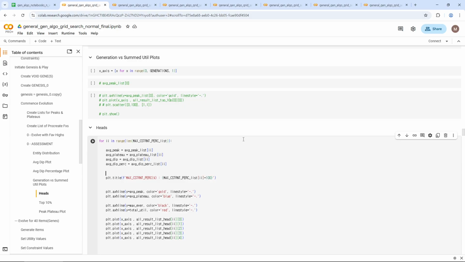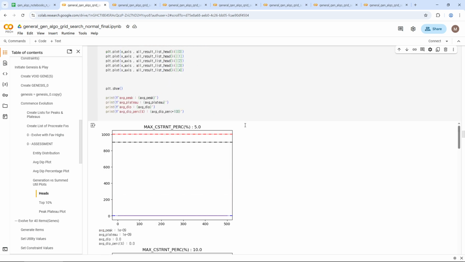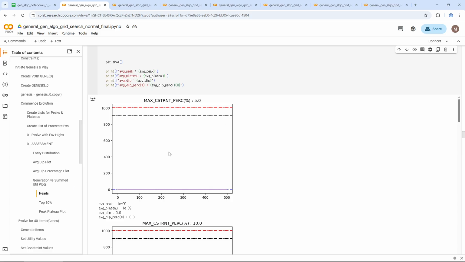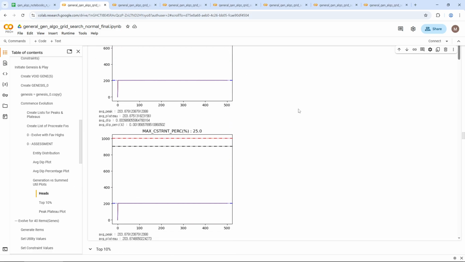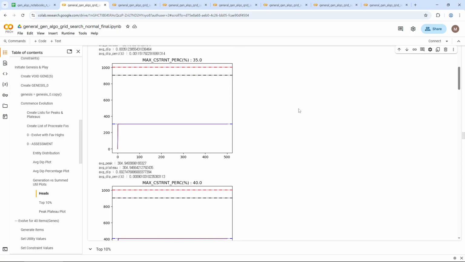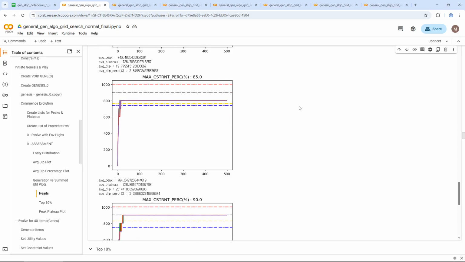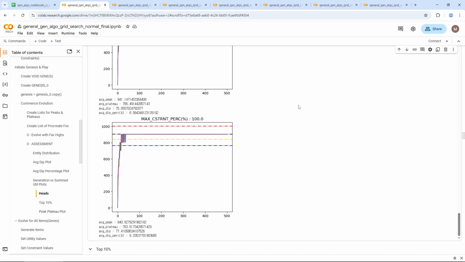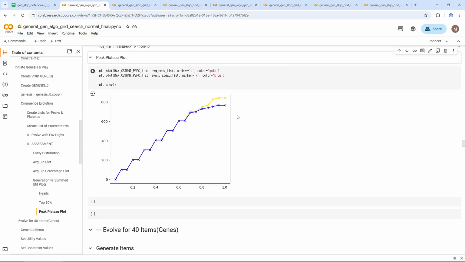And these are for the heads. But at this moment there's not much use looking at these, because the peak plateau plot basically sums everything.